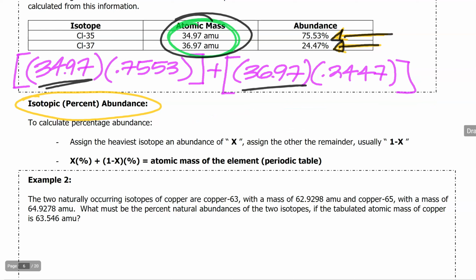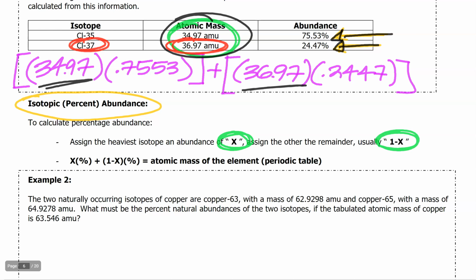What I tell students is right here, assign the heaviest value a value of x. So in the situation above, I would have given the x to the chlorine 37, the 36.97, so that the heavy value gets the x. And then the remainder is 1 minus x.